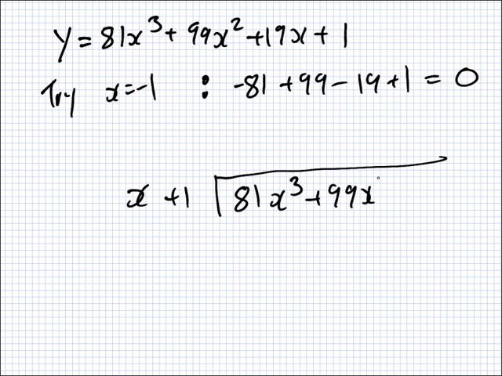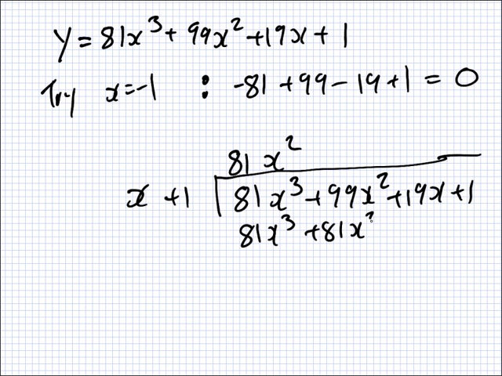Okay. What's first here? 81x squared, isn't it? 81x cubed plus 81x squared. What am I doing? 18, isn't it? Oh, here.